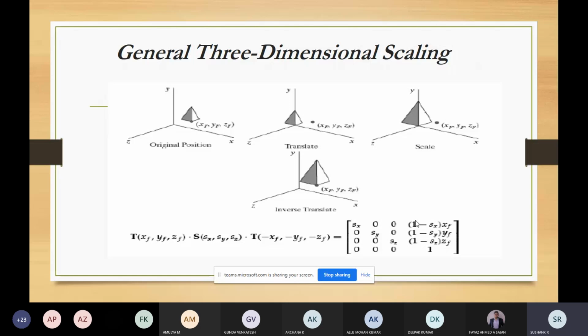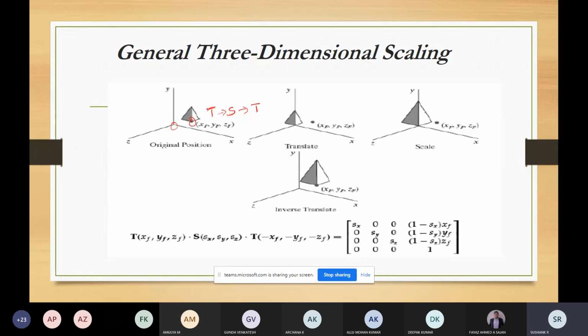See here, for this point, first performing the translation to get this position. After translation, we'll be performing the scaling. After scaling, we'll be performing the inverse translation.